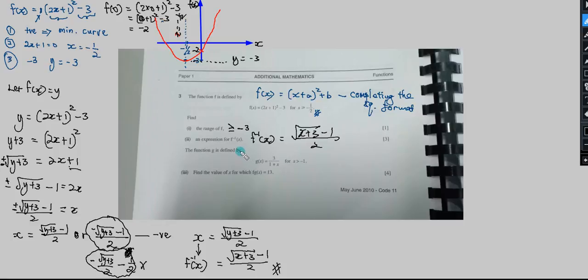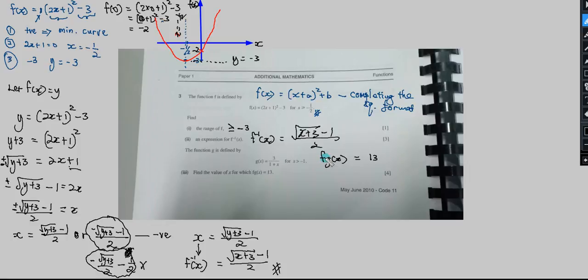Now, let's look at the third one. The third one is talking about the g function. g(x) is equal to 3 over 1 plus x. They say that using this information, find the value which satisfies this equation: fg(x) equal to 13.